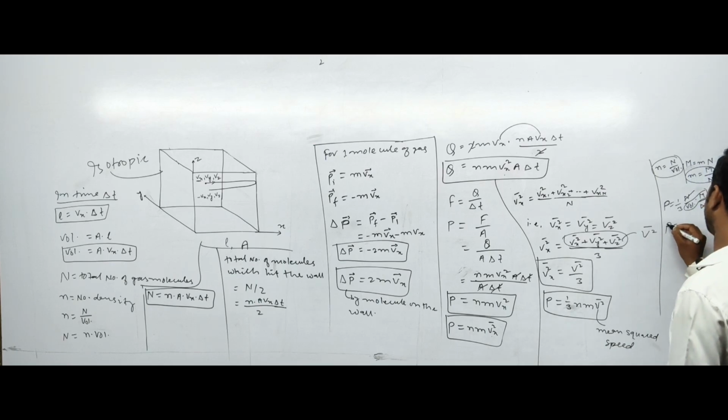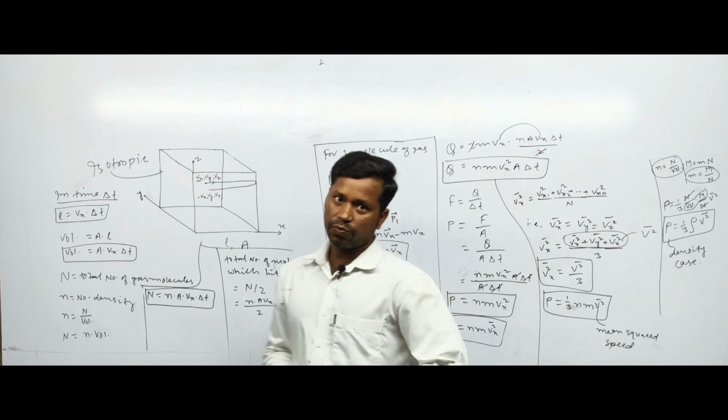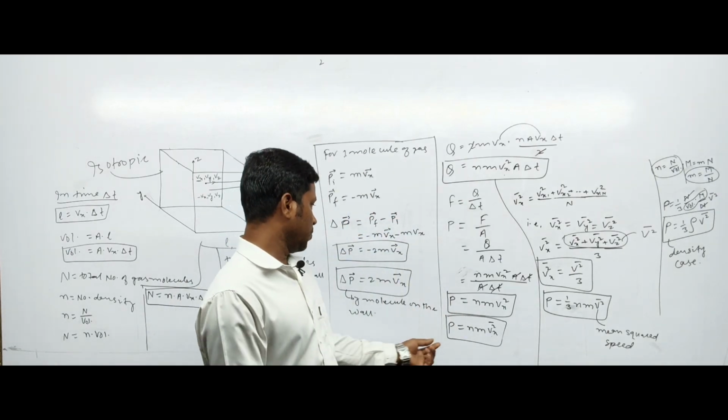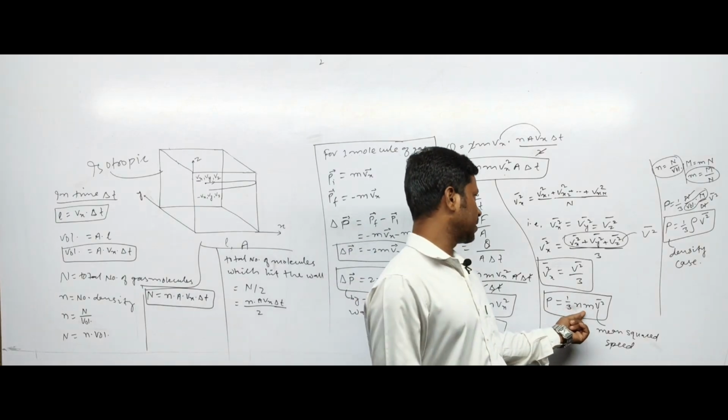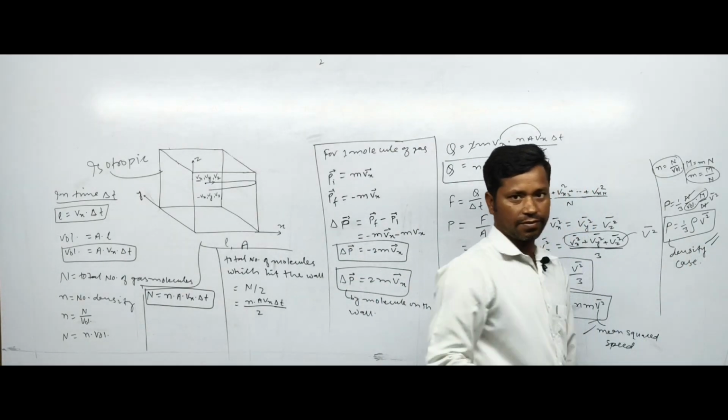So P equals 1/3 rho V square bar. This is the pressure of an ideal gas in the density case. So we have the final expressions for ideal gas pressure: one is this and this. Thank you.